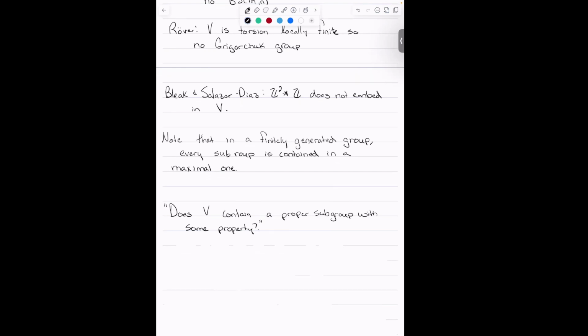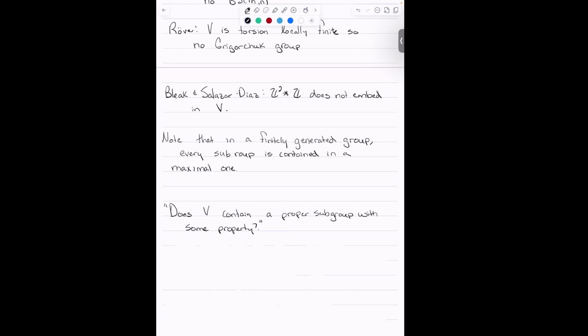Because V is defined in terms of dynamics on the Cantor set. The question that started this project is that V is dense in the group of homeomorphisms of the Cantor set, and we were wondering, does V have proper subgroups that are also dense in Homeo of the Cantor set? It turns out, yes, it does, and it's not so hard to find such things.